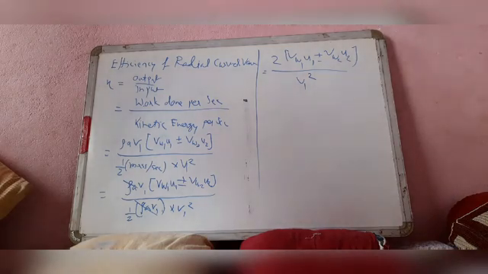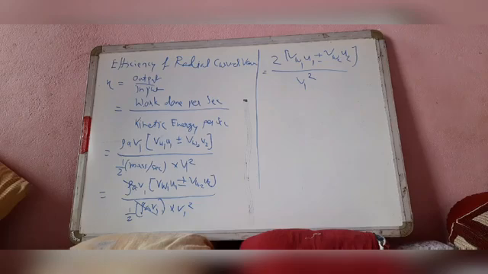If there is no loss of energy when water is flowing over the vane, the work done on the wheel per second is also equal to the change in kinetic energy of the jet per second.